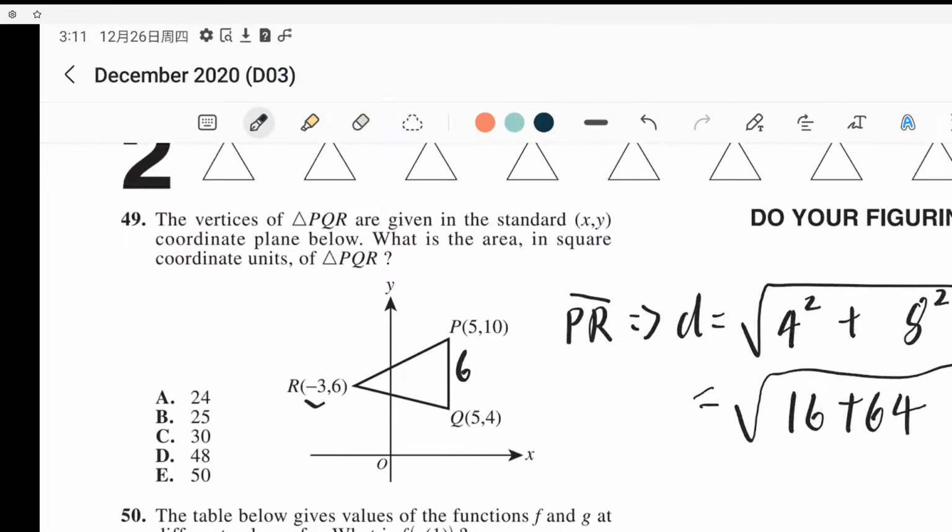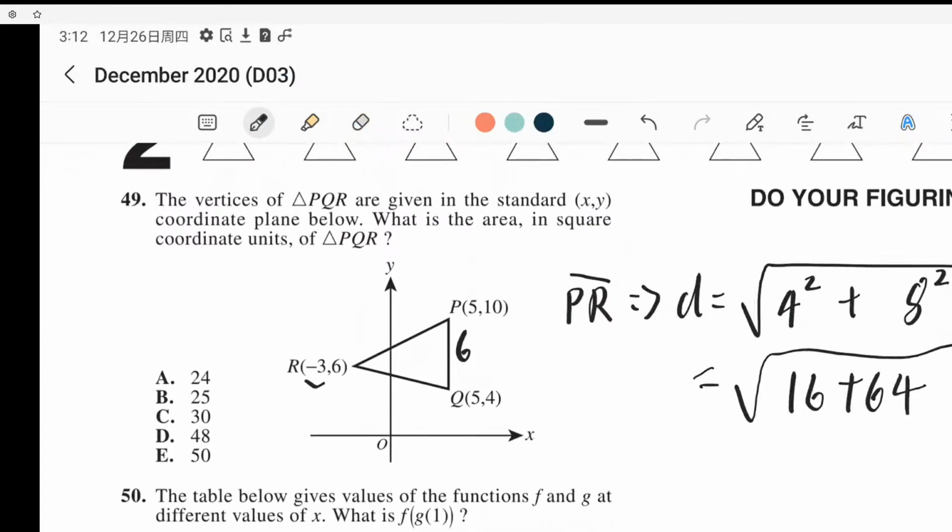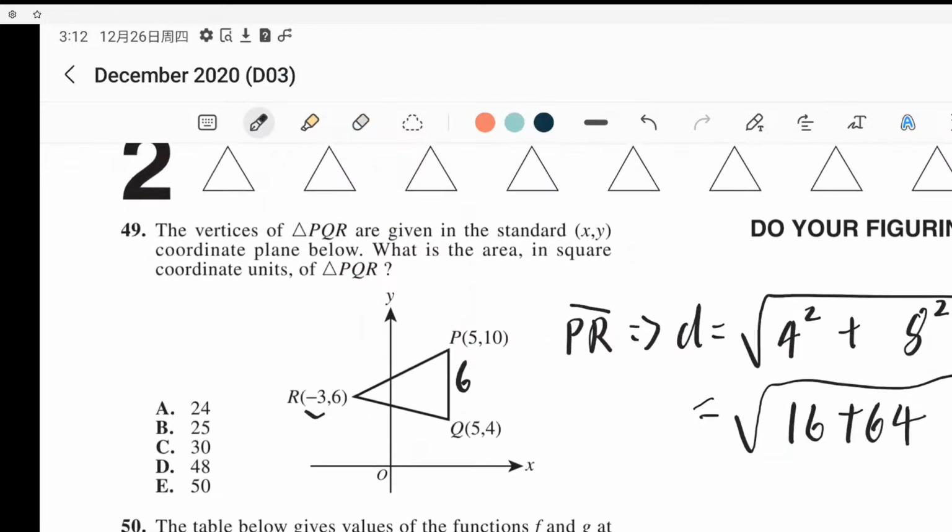You can simplify that if you want, because we do have 4 here, 4 and 20, which gives us 16. We can simplify this as 4 times square root of 5 if you would like to, but there is no need in doing this, because we do need the square root of 80 for later.